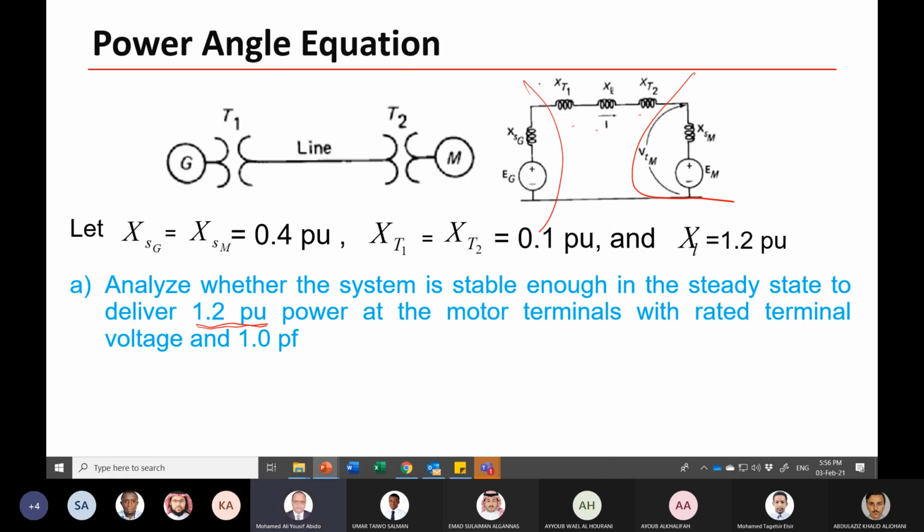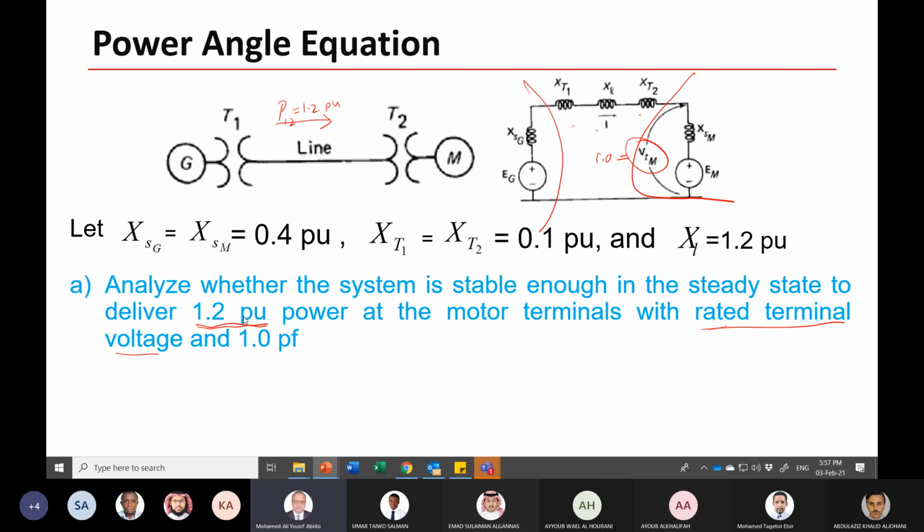Unity power factor means no current out of phase with the voltage here.